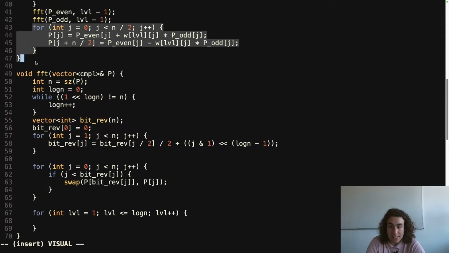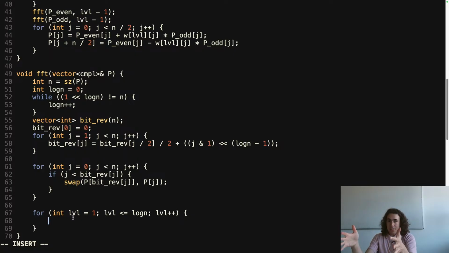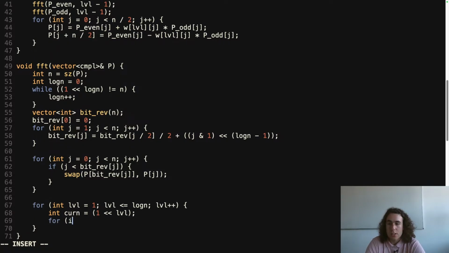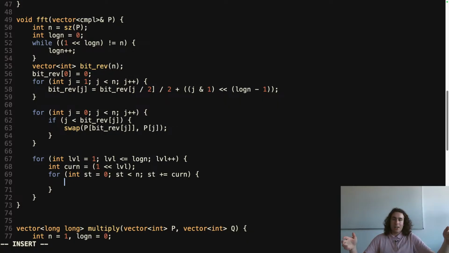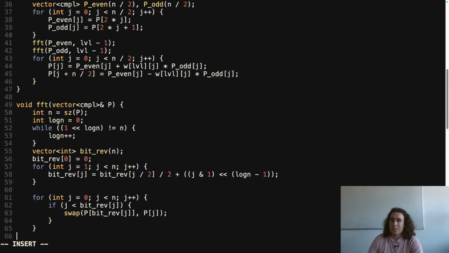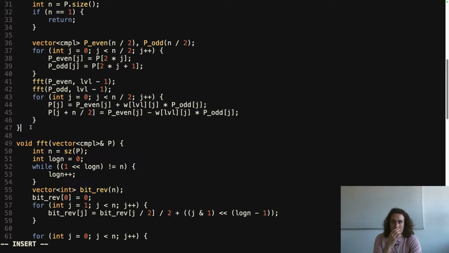So we do the same thing as here, but we need to do it not just for one specific part, but for all chunks of size char n, which is 2 to the power of level. So for all starting points from 0 to n, and I add char n to them each time. I take the first char n elements, I merge them. I take the next char n elements, I merge them, and so on. So for every char n elements, I need to do one step of recursion.